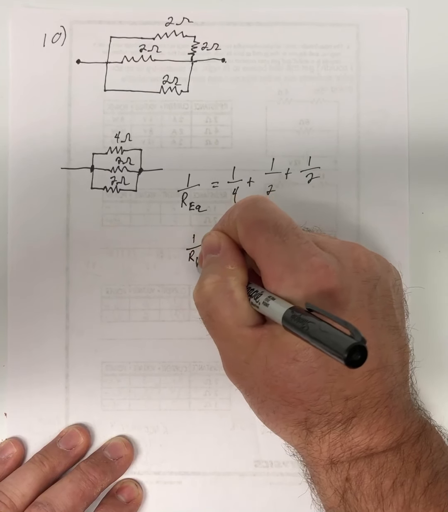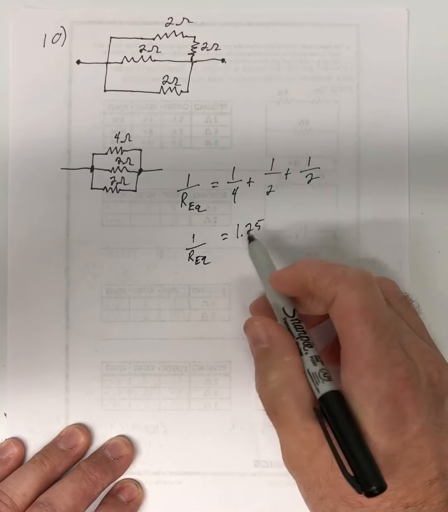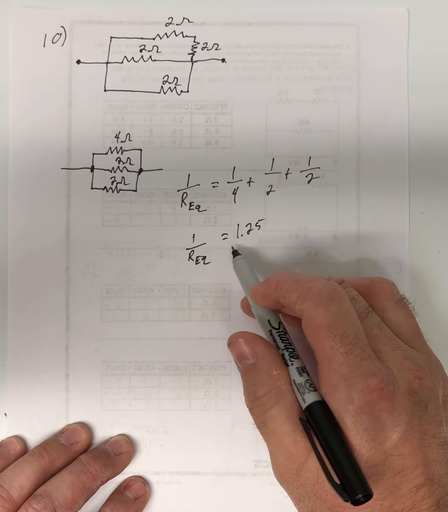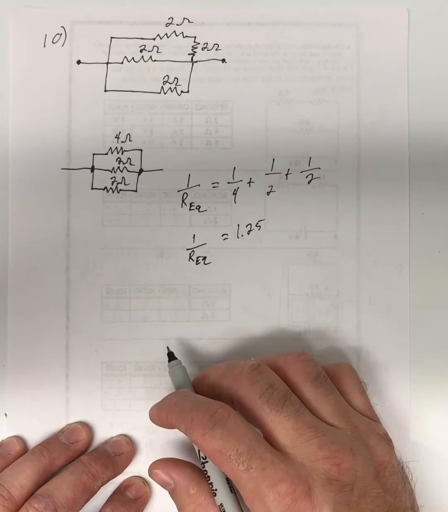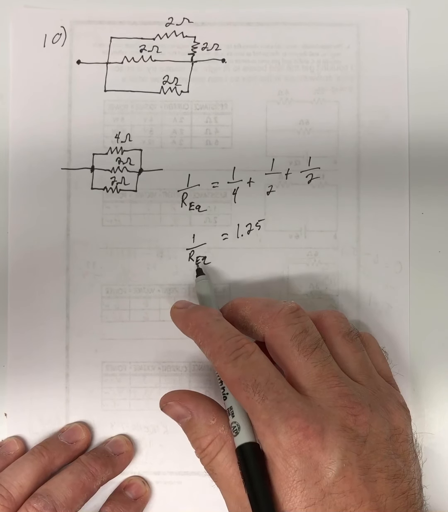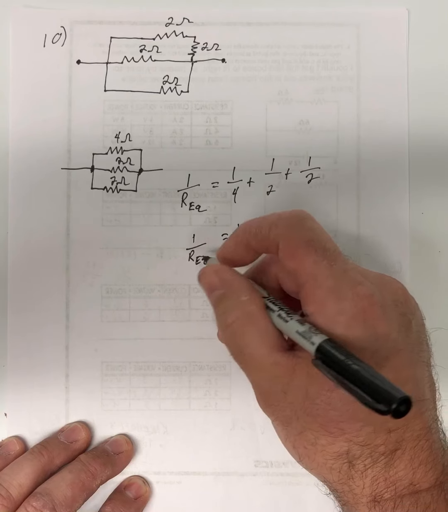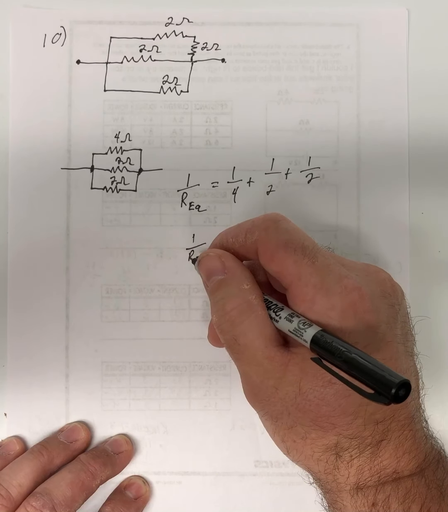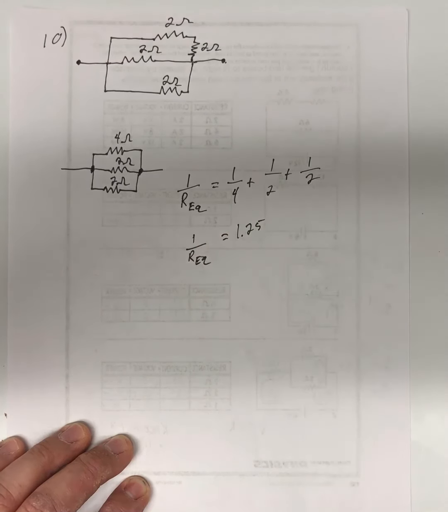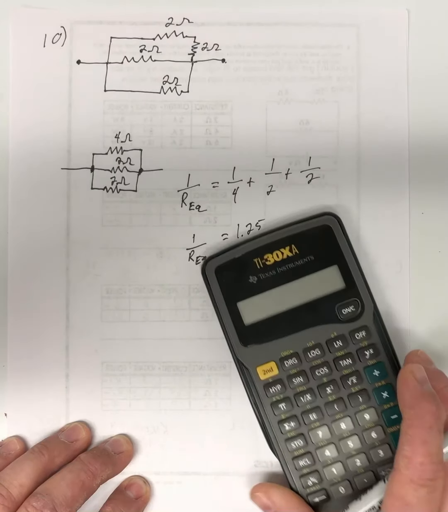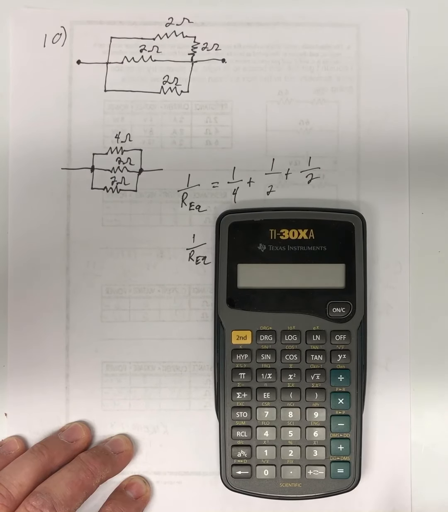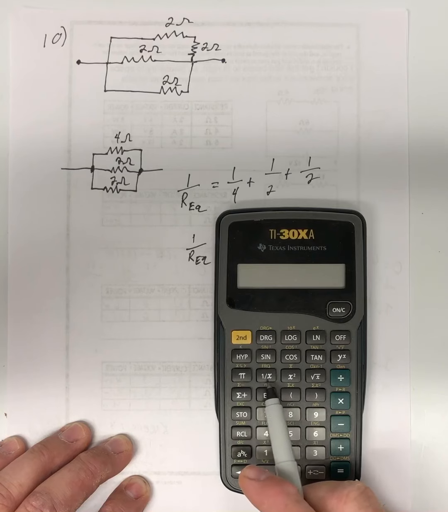1 over R equivalent. Now, some people stop here. They see that and they figure that's our answer, but that's 1 over our answer. So what we have to do from here then is to look at what the actual answer would be, and what we have to do is take the inverse. So if you have a calculator that has a 1 over button with it, okay, now see how this one here has this 1 over button right here?